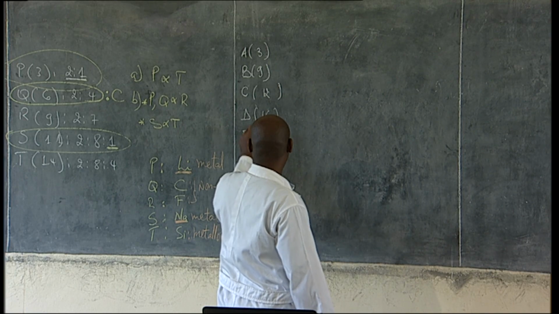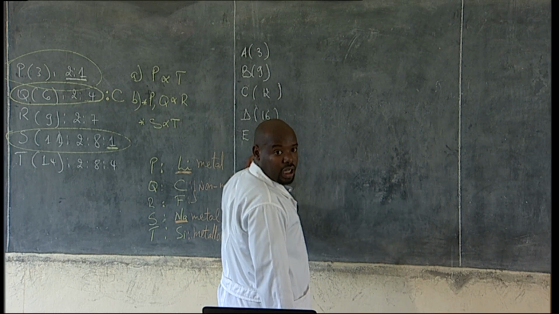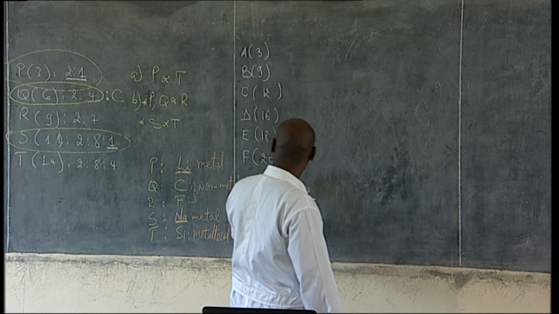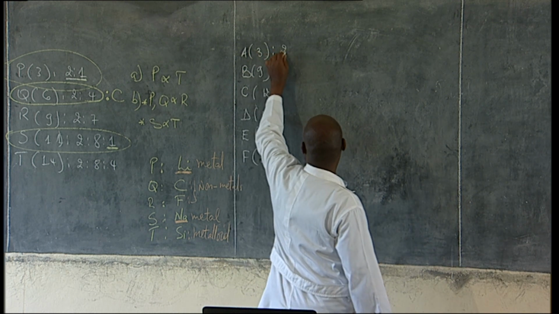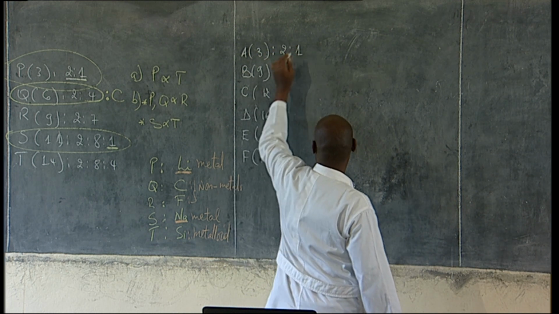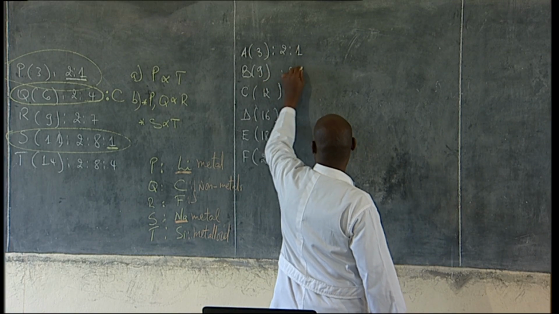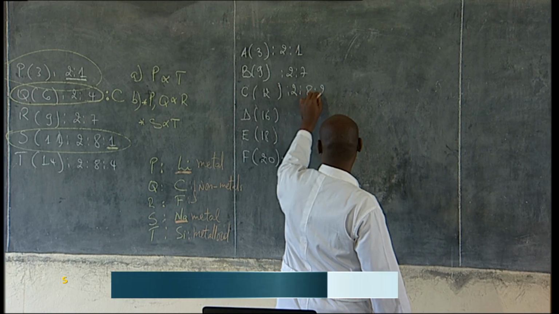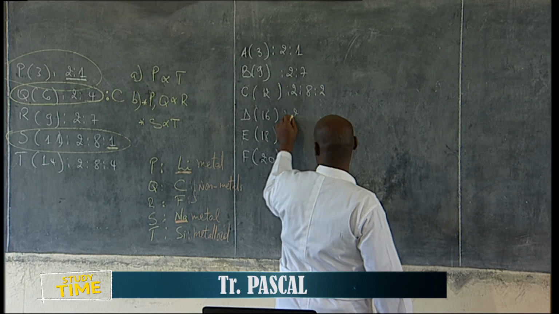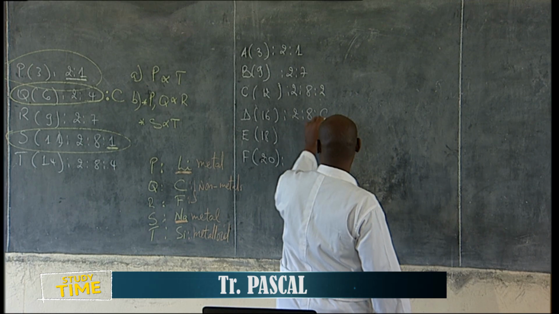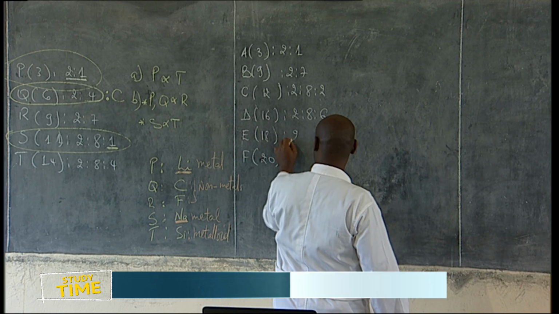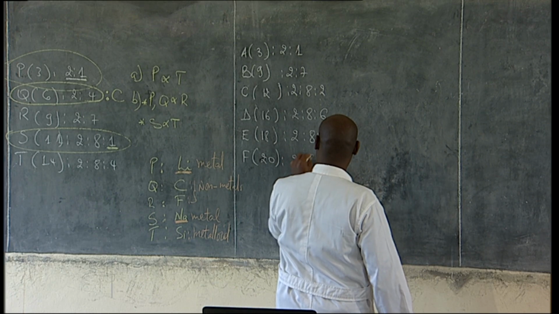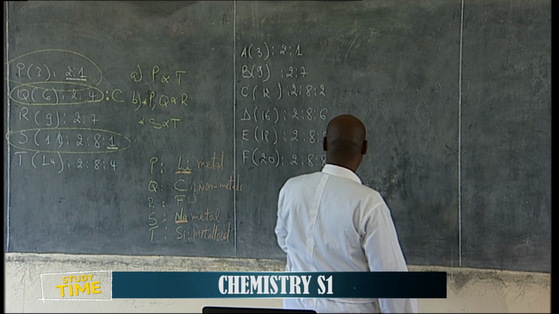The electronic distribution is 2, 1; 2, 7; 2, 8, 2; 2, 8, 6; 2, 8, 8; and 2, 8, 8, 2.